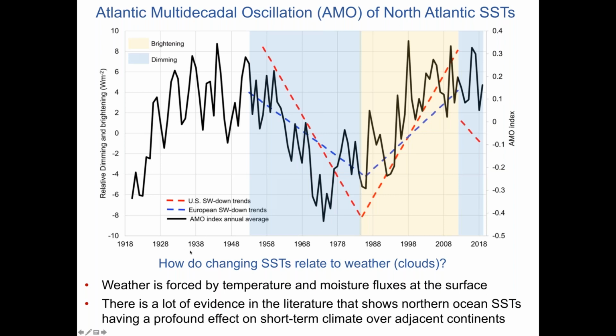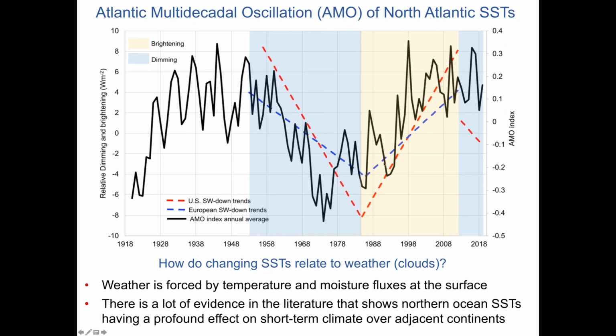So the main question is, how do changing SSTs relate to weather and clouds over the continents? Well, weather is basically forced by temperature and moisture fluxes at the surface. And there's a lot of evidence in the literature that shows that the Northern Ocean SSTs have a profound effect on short-term variability of climate over the adjacent continents.